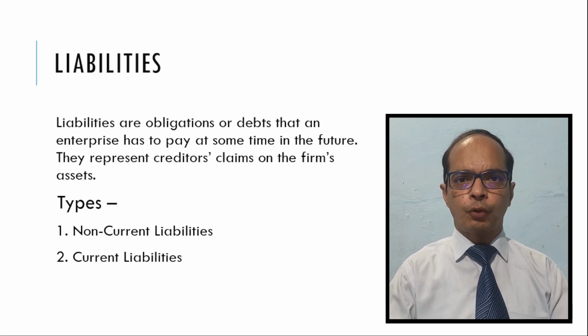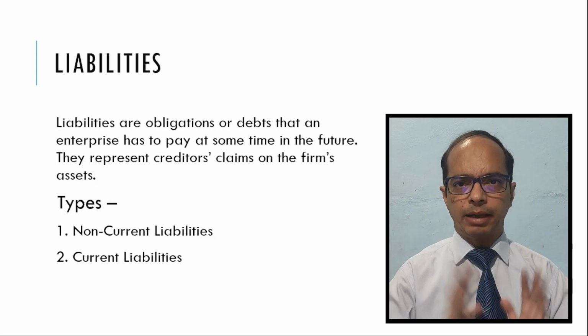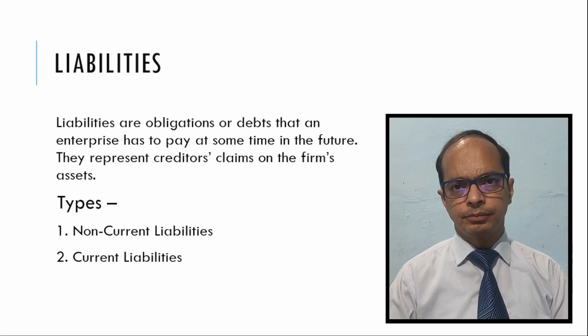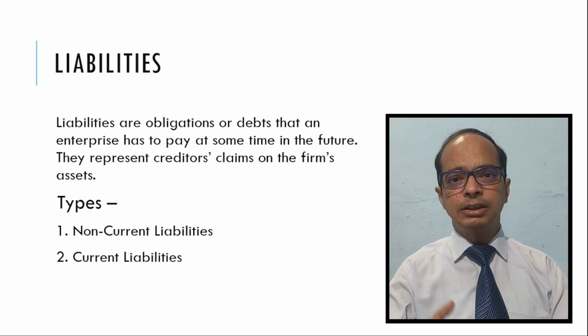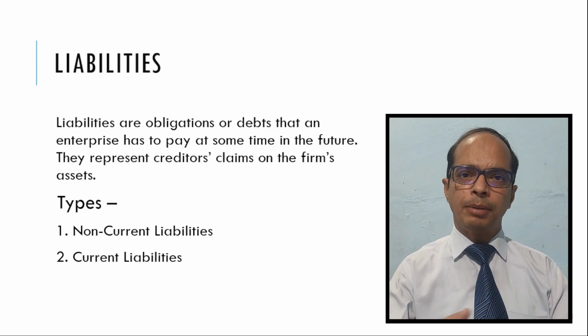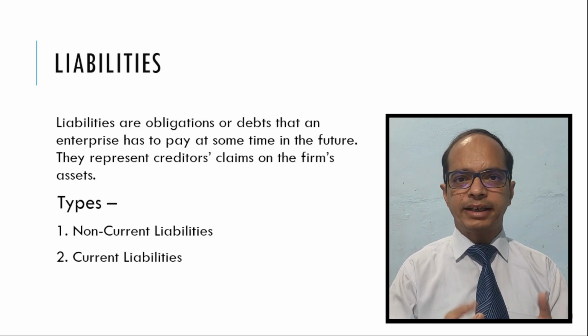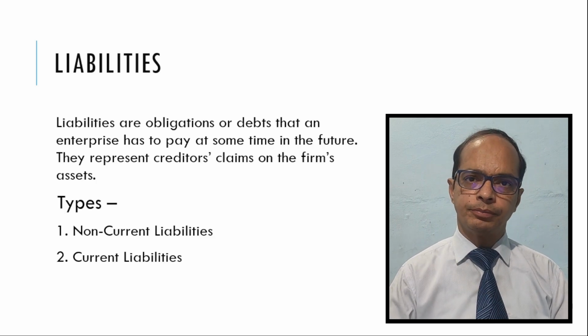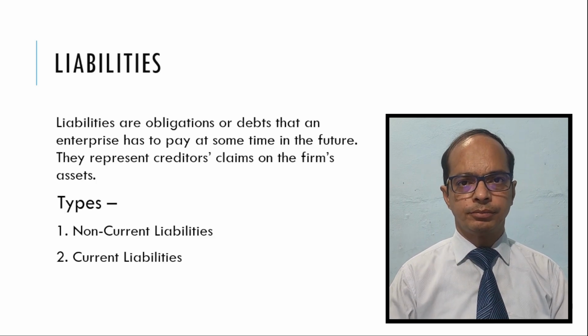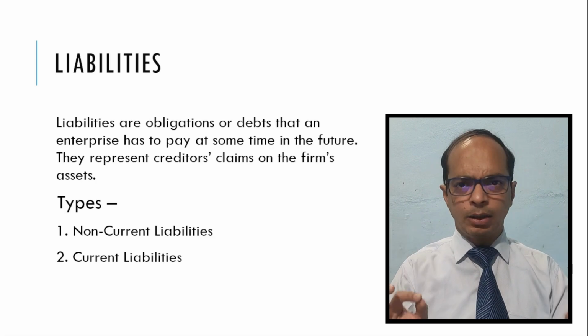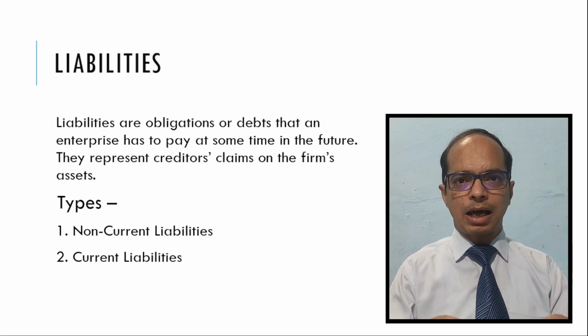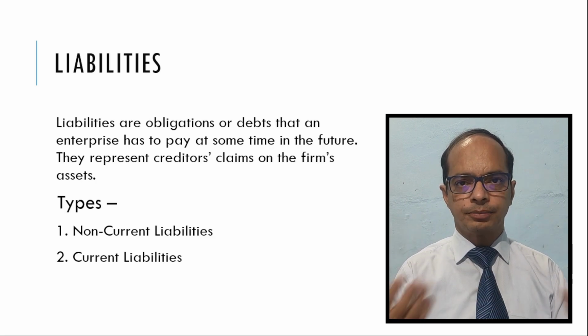If you are taking a loan from the bank for 2 years, 3 years, 4 years, 5 years, even 10 years, any time period which is more than 1 year, that is part of non-current liabilities. Companies issue debentures to the public which are payable after 1 year, which is also treated as non-current liability. The basic rule is that these liabilities are payable after a year.